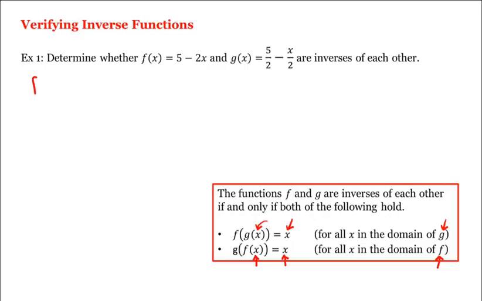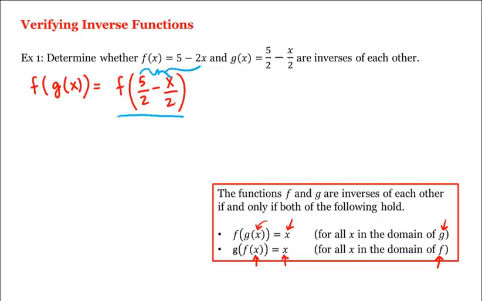So let's compute f of g of x for our situation here. This is equal to f of, and g of x is this 5 halves minus x over 2. And now to compute f at any input, we put this input in where we see x.